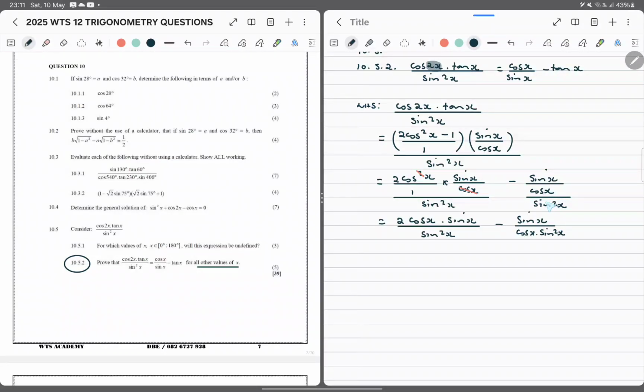Remember, this one is going to be right on the denominator, because that's a fraction on its own. The top, right? So I think someone may have made a mistake.